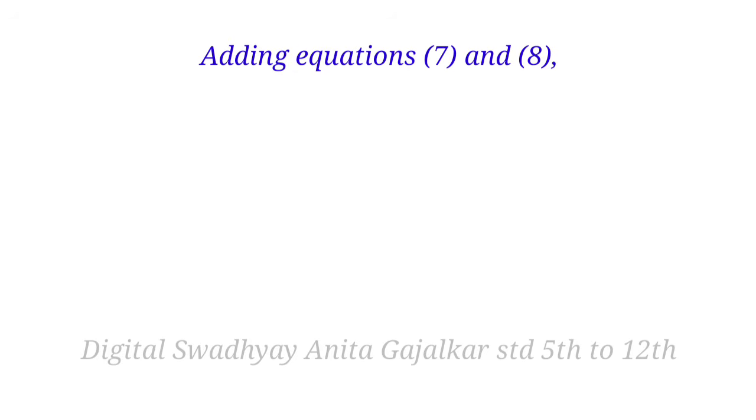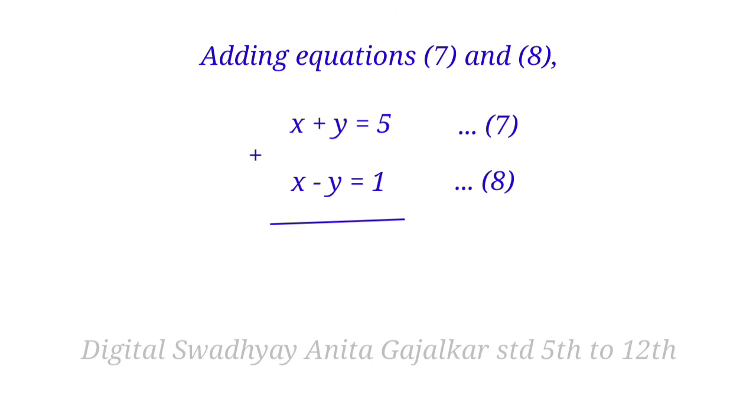Adding equations 7 and 8, x plus y equal to 5 plus x minus y equal to 1, 2x equal to 6. Therefore, x equal to 6 by 2. Therefore, x equal to 3.